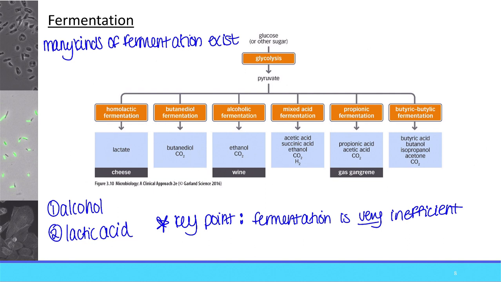So we are going to start with alcohol fermentation. In alcohol fermentation, we have two stages. The first stage is glycolysis, and the second stage is something that we call NAD+ regeneration.